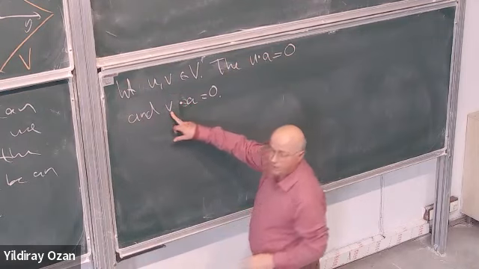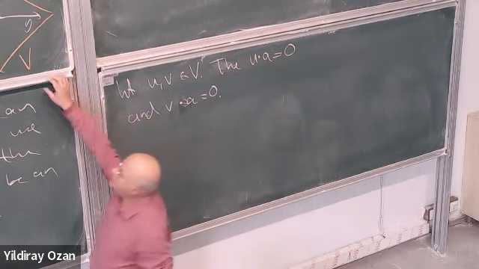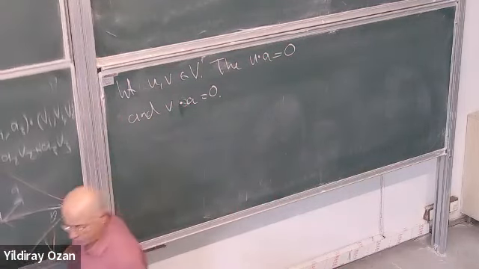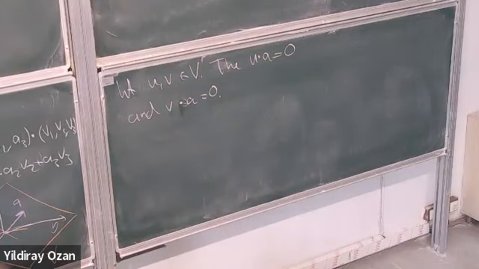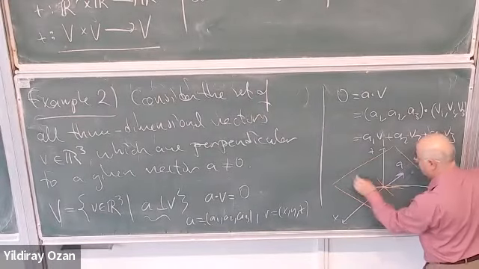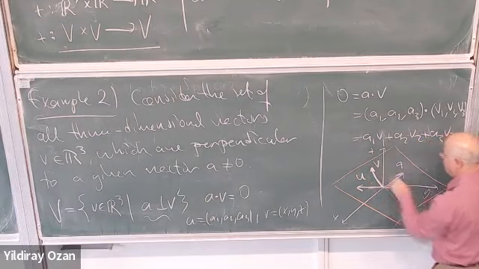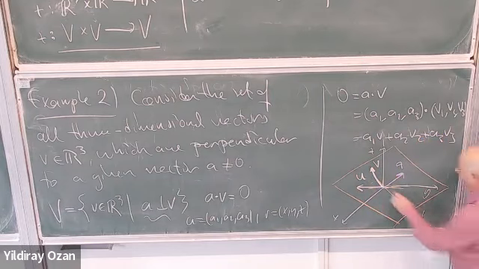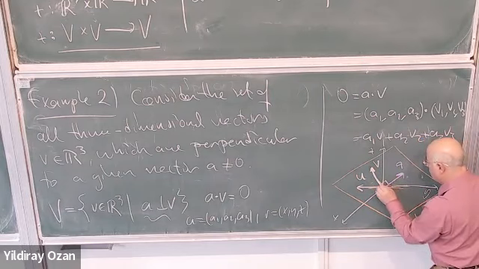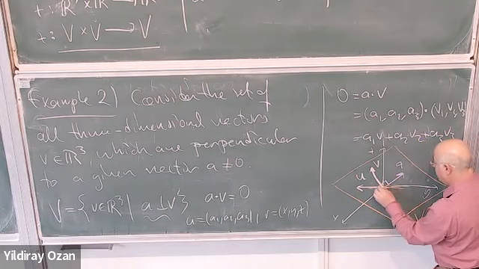Because U and V are perpendicular to the vector A. A is this vector over here. Okay, so let's say U is this vector and V is this vector. Both of them are perpendicular to the vector A.